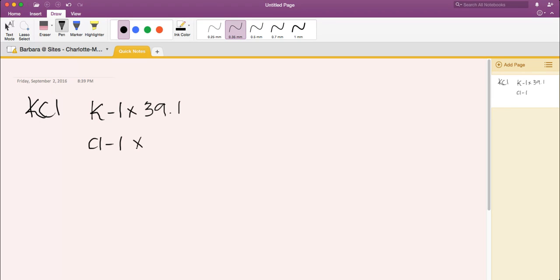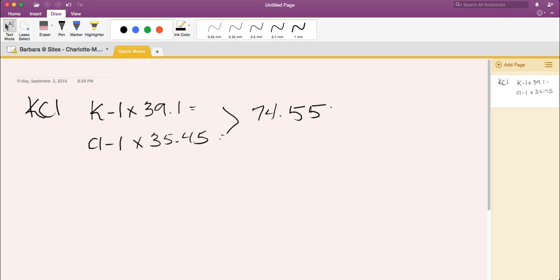And the mass of the one chlorine was 35.45, right? And of course, 1 multiplied times that number is that number. And when you add that together, you should get the total mass as being 74.55 grams.